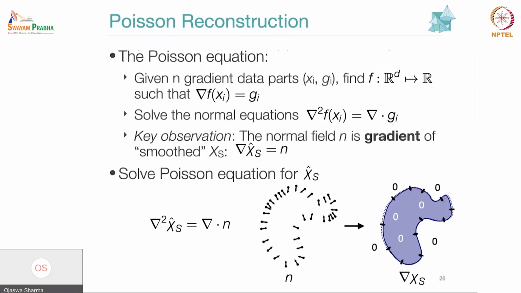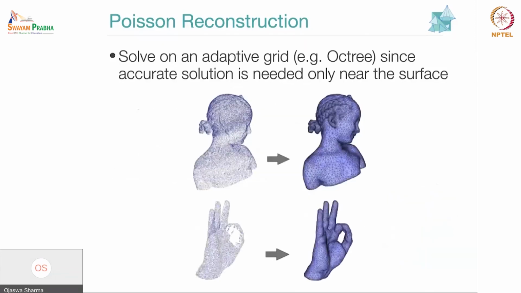So when I solve this Poisson equation, I solve it on a volumetric domain. I have a grid, and for every grid point, I solve this Poisson equation.